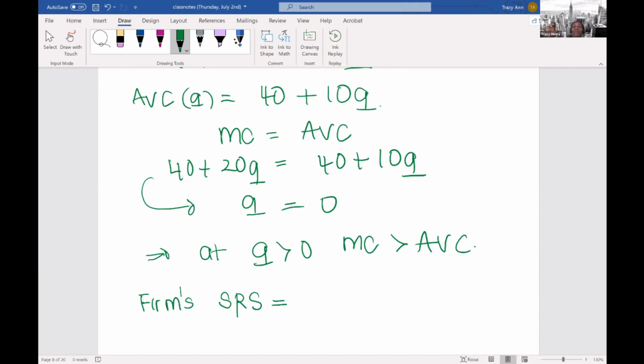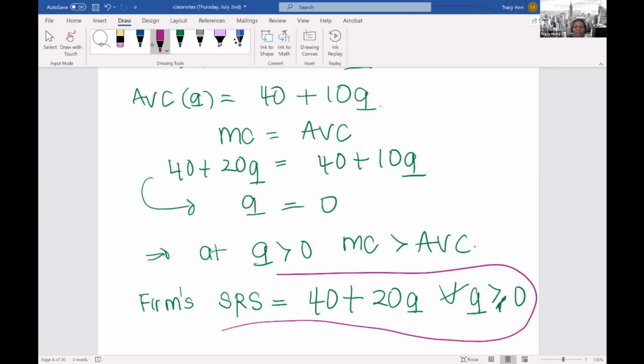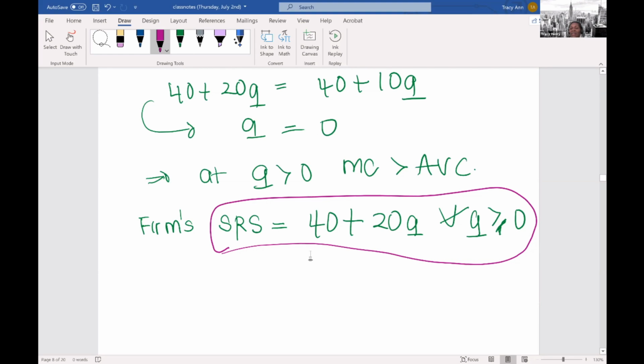Back in chapter 2, we could write the supply equation as Q equal to some function of P, or as P equal to some function of Q. So our short-run supply here is equal to your marginal cost, which is 40 plus 20Q for all Q greater than or equal to 0.